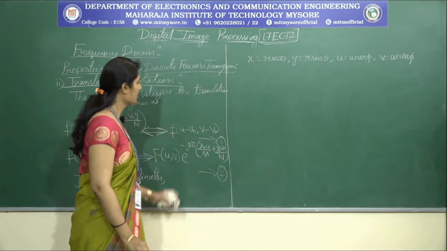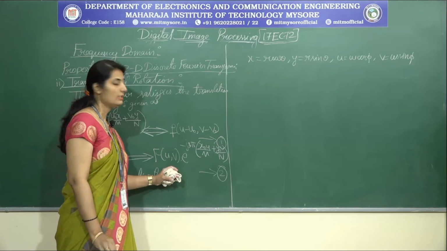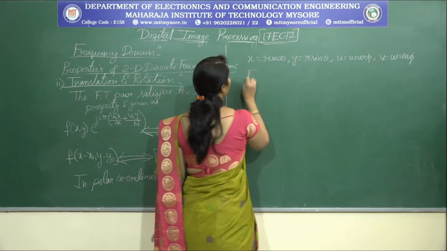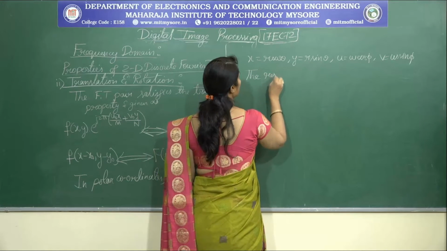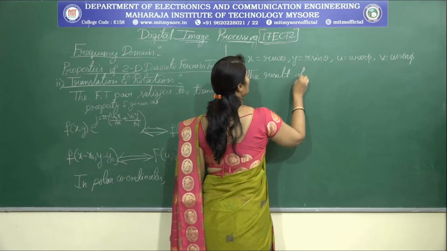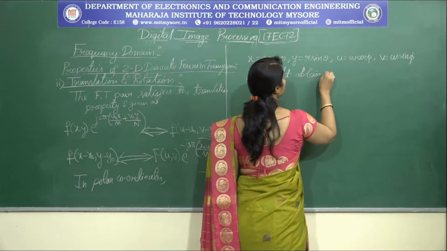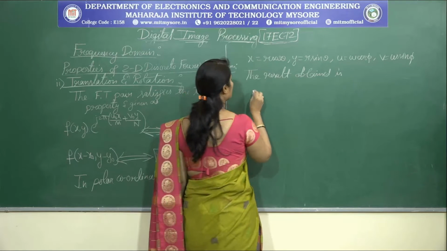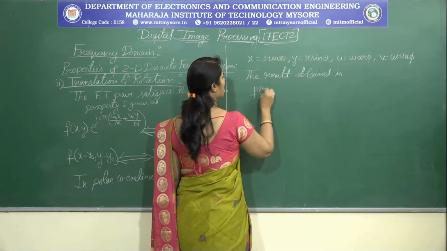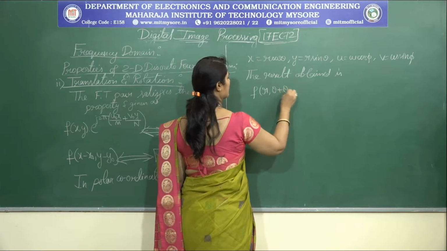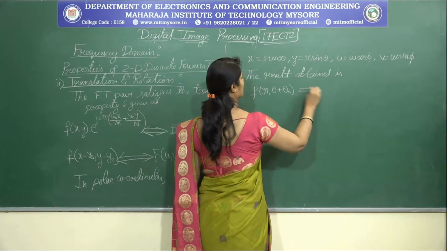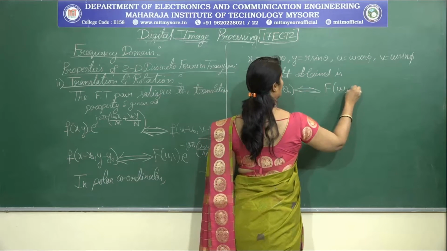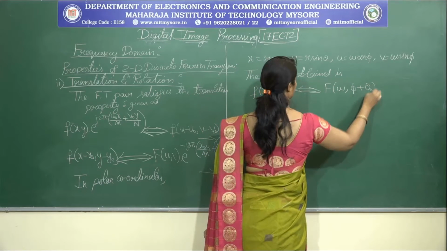Substituting this in this pair, the result in polar form is f of r comma theta plus theta naught and F of w comma phi plus theta naught.